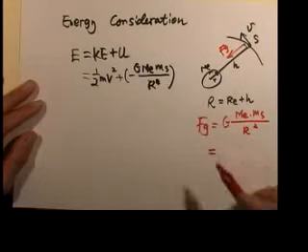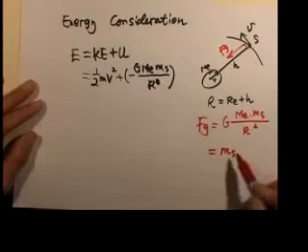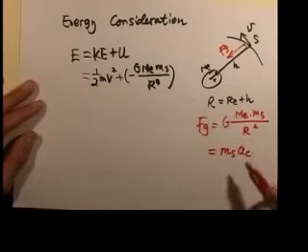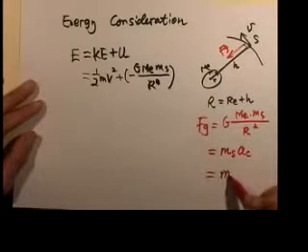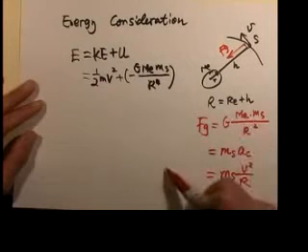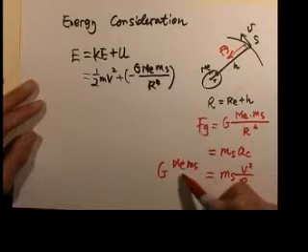That equals the mass of the satellite, because that's the force, times the centripetal acceleration. That centripetal acceleration is v squared over r. Now the left side, as right here, is capital G, mass of the Earth, mass of the satellite, over r squared.